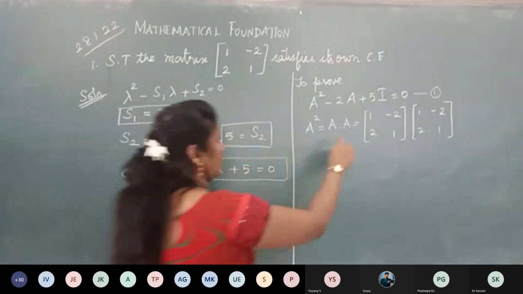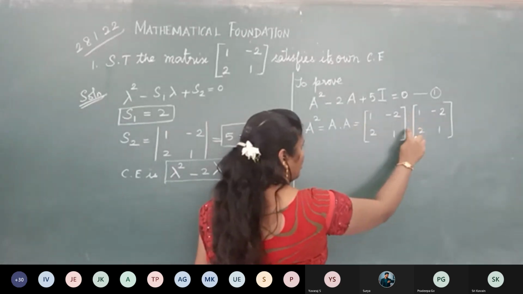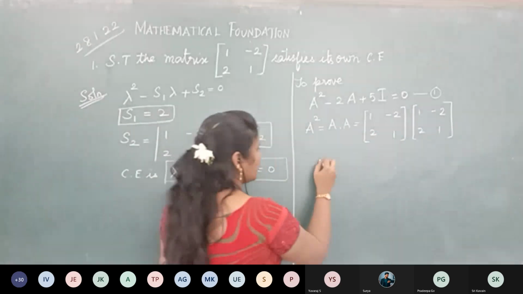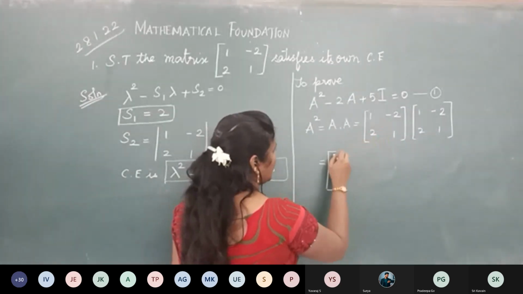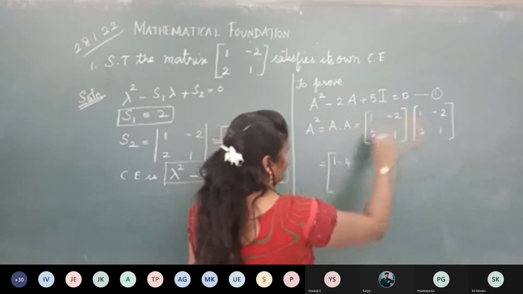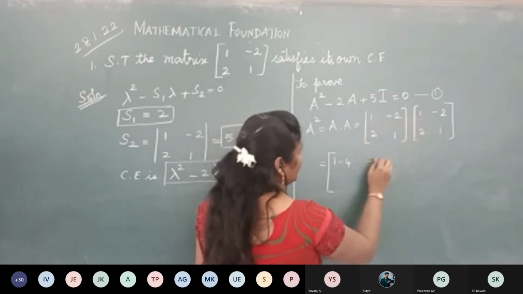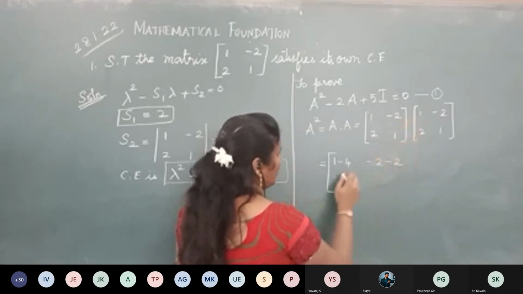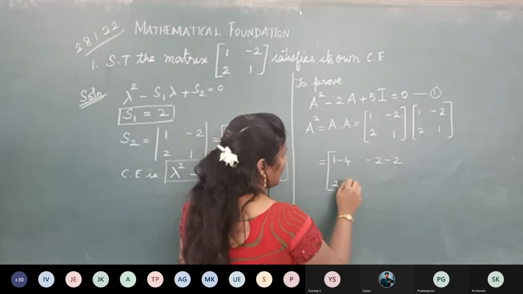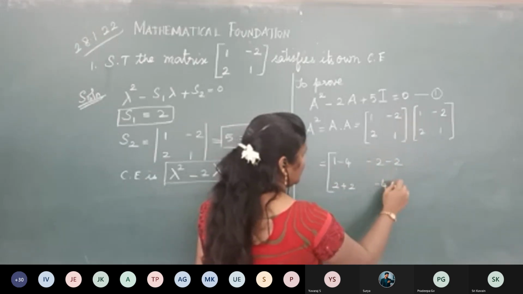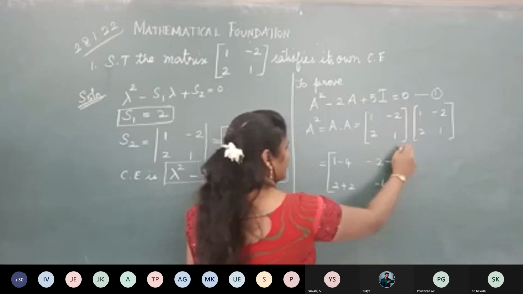You're multiplying A dot A, row and column: first row, first column, first row, second column. So it will be 1 minus 4, and then first row, second column, it will be minus 2, minus 2. Second row, first column, 2 plus 2, then minus 4 plus 1.